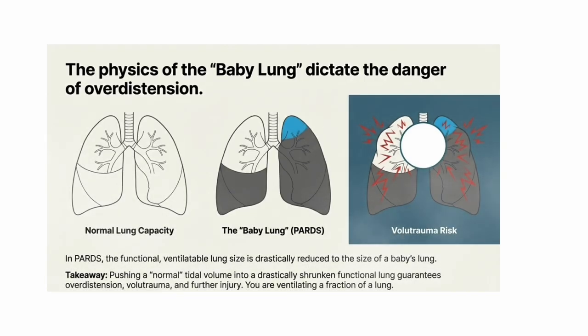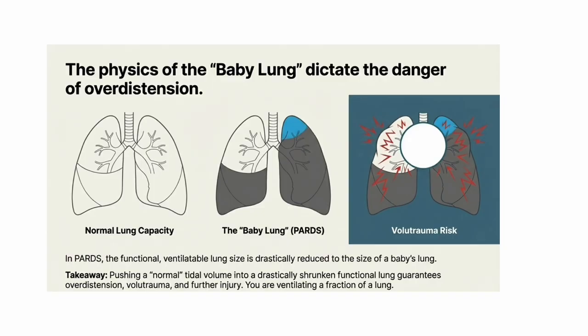Now, this is where it all comes together. Look at the lung. On the left, normal capacity. The whole lung participates. Volume distributes. Nothing is overloaded. Now look again. This is the baby lung. In ARDS, most of the lung is gone, collapsed, flooded, unavailable.